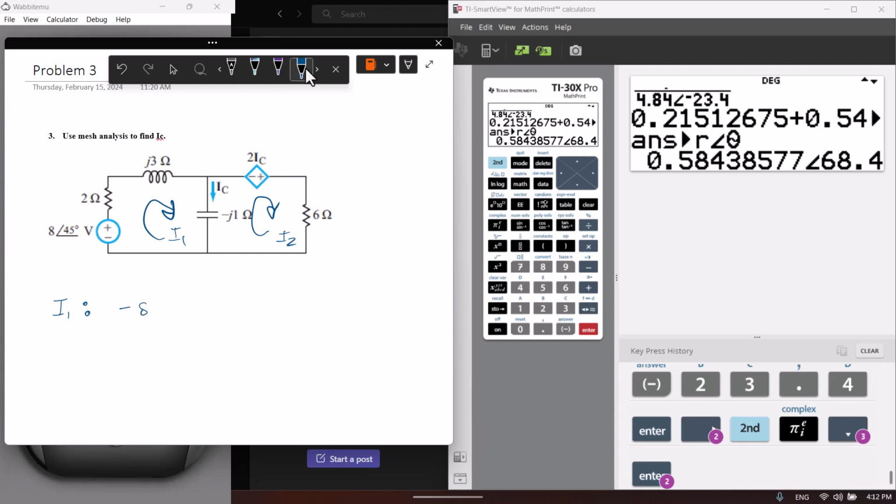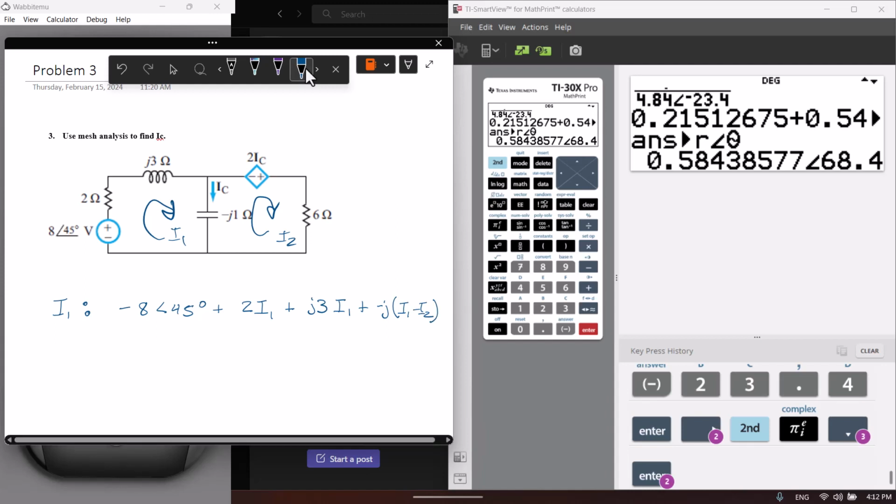So that's minus 8 angle 45 degrees plus 2I1 plus J3I1 plus minus J times I1 minus I2.